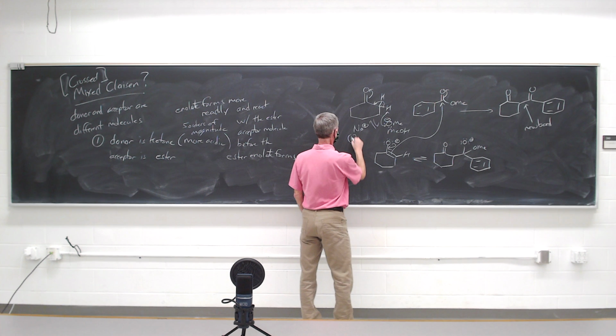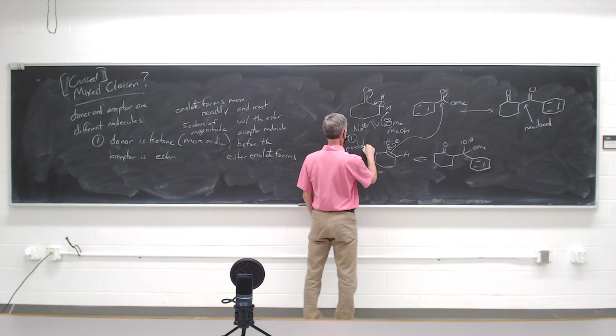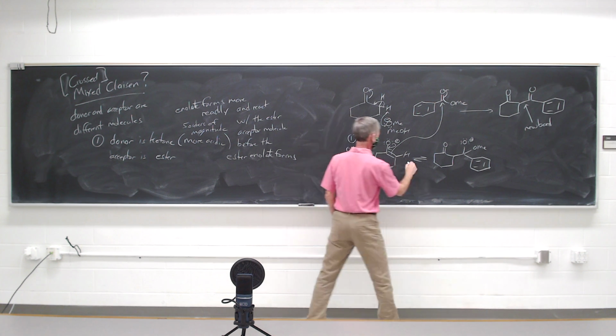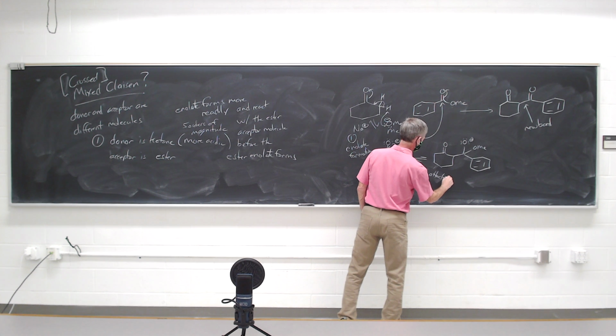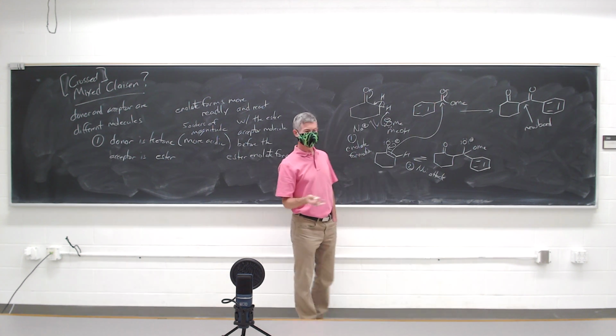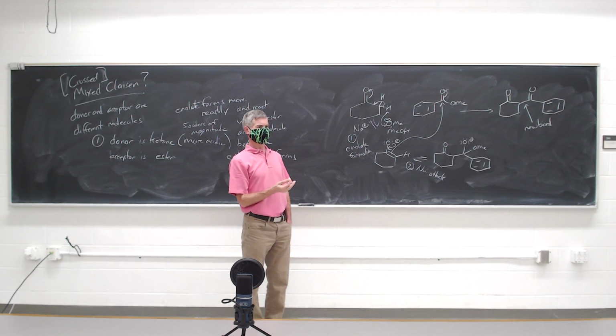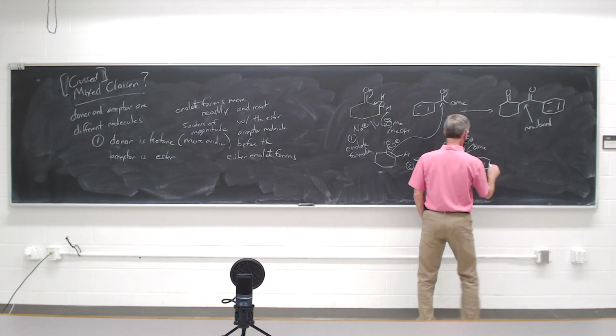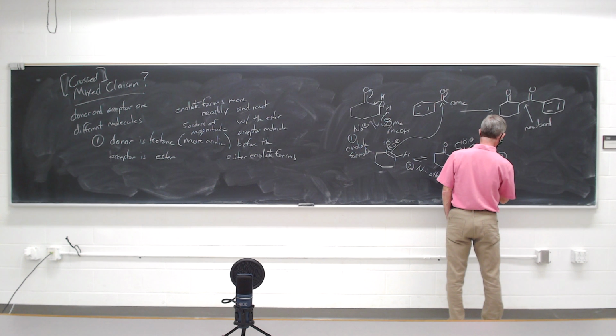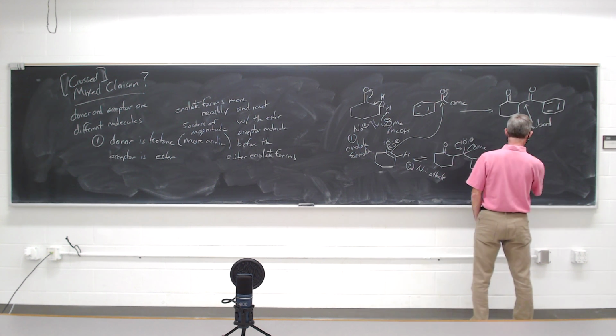Step one, enolate formation. Step two, nucleophilic attack. Step three, pick out the leaving group, loss of the leaving group. So that's the nucleophilic acyl substitution reaction, step 2 and step 3 together.